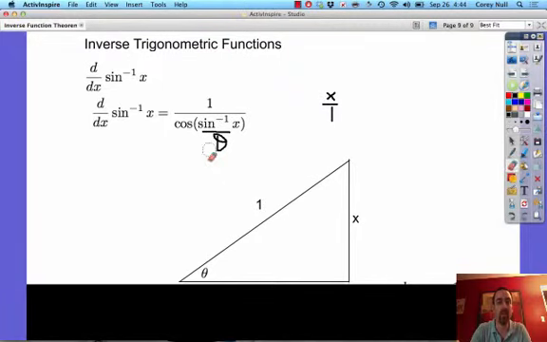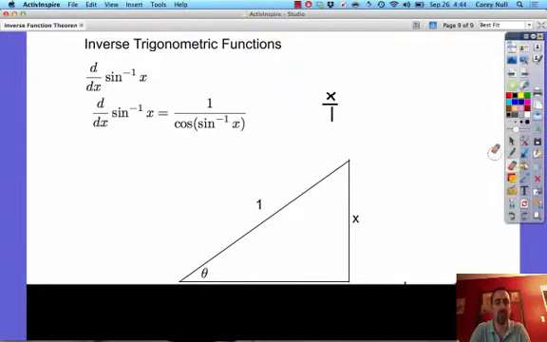So what we need to do now, here's the angle that we're describing. I could actually write inverse sine of x right here in place of the theta. We need to take the cosine of that theta, of that inverse sine of x. Cosine, remember, is adjacent over hypotenuse. So we need to figure out what this bottom length is equal to.